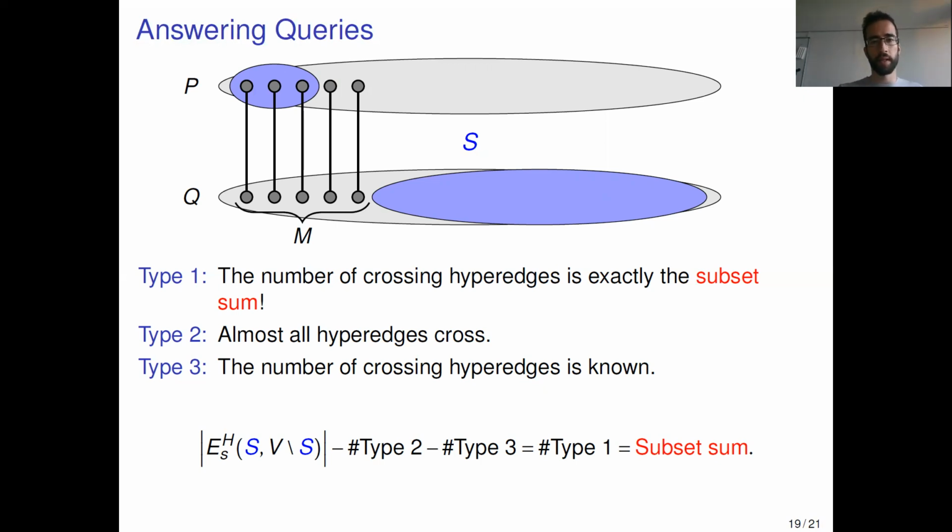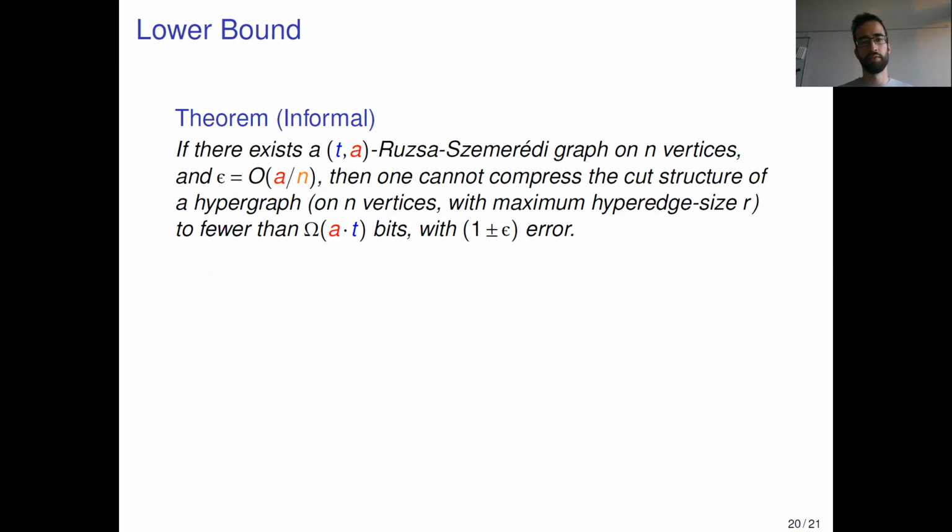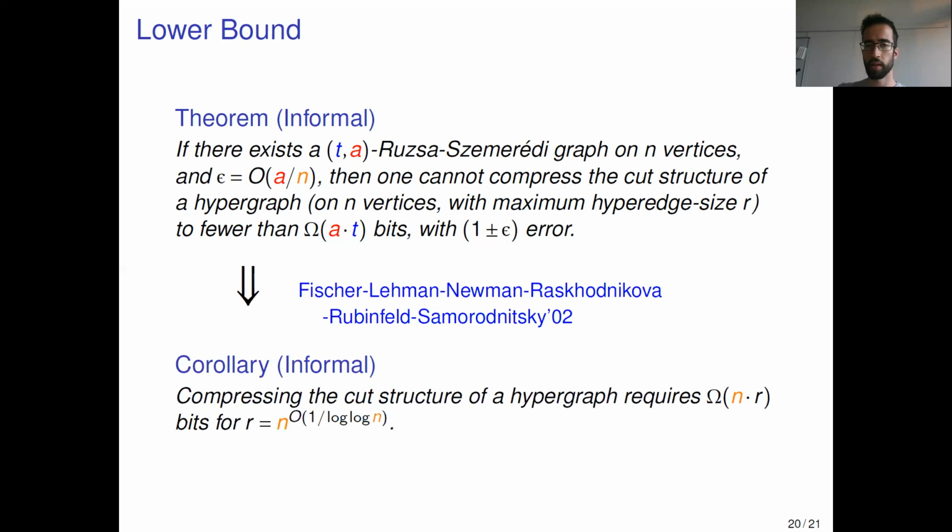So with this reduction, we essentially get this very generic theorem, which is stated in terms of the existence of Ruzsa-Szemerédi graphs. And any Ruzsa-Szemerédi graph will imply some lower bound for the cut compression of hypergraphs. And one can instantiate it with any of many different Ruzsa-Szemerédi graph constructions.